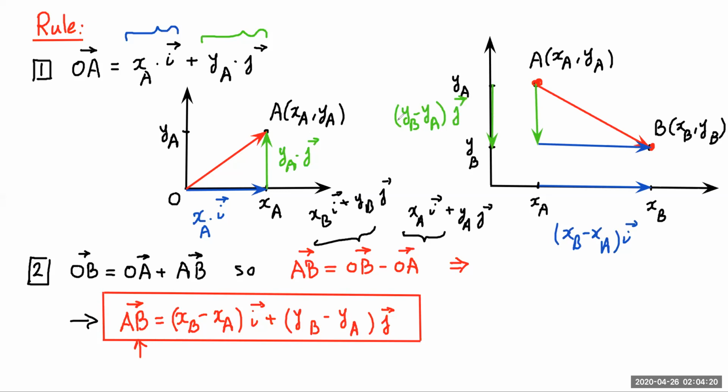Okay, this number yb minus ya is negative. For this reason, this vector is in the inverse direction of the y-axis. And you remark that the addition of these two vectors, green plus blue, will be the red one.